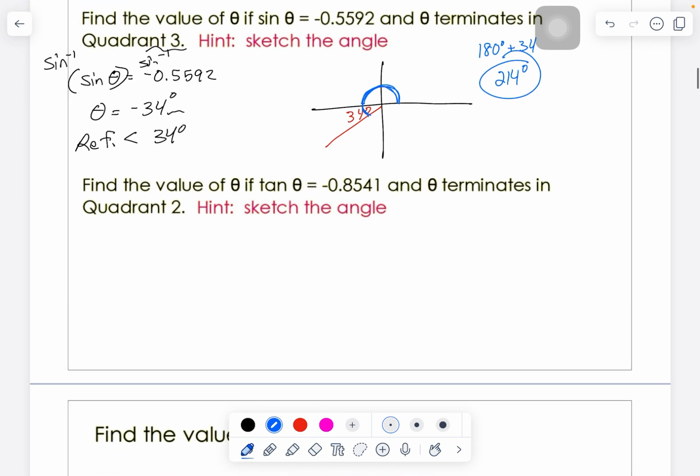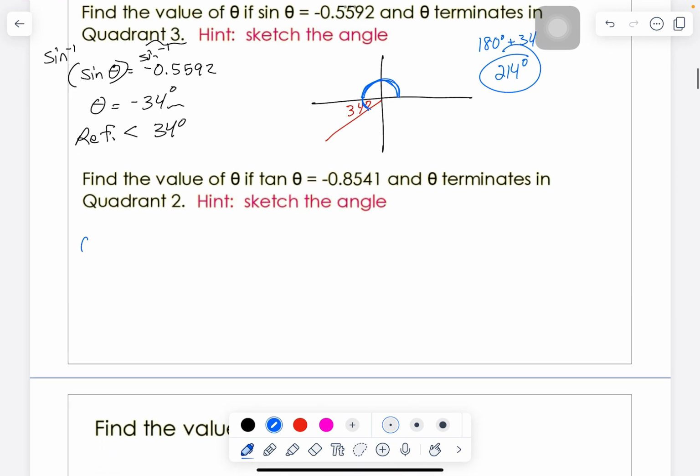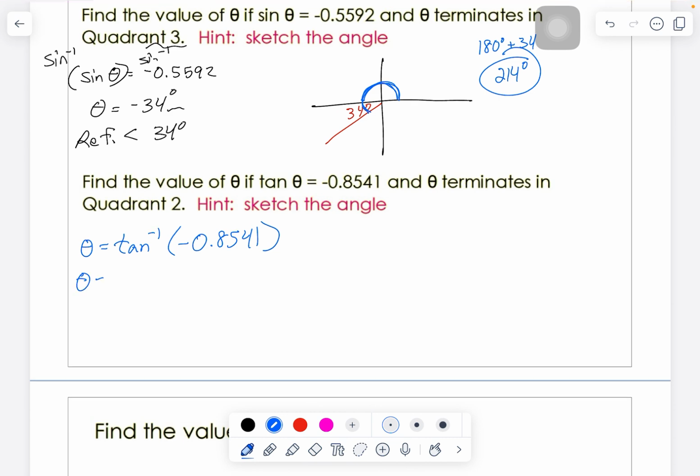Very similar in the second one, except to find theta, I will use the inverse tangent operation. So I'll take the inverse tangent of that formula. Be careful. This answer is not the angle. It is just the reference angle. So theta is approximately 40.5 degrees.